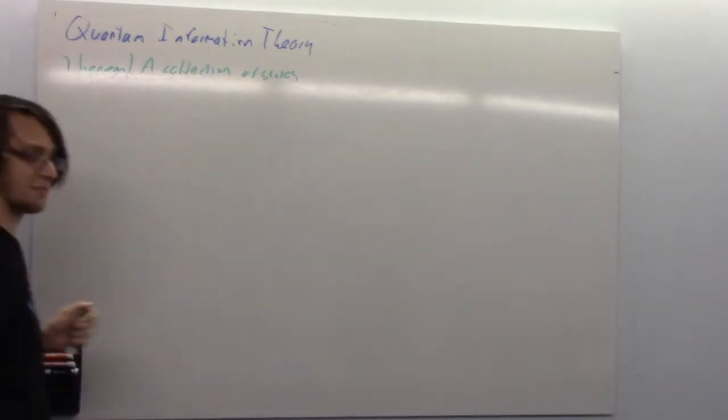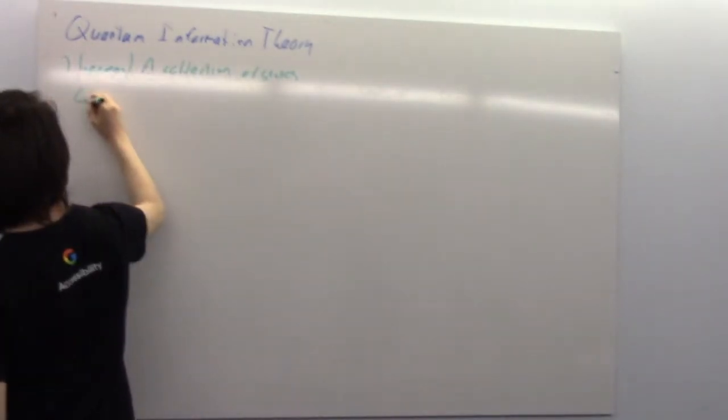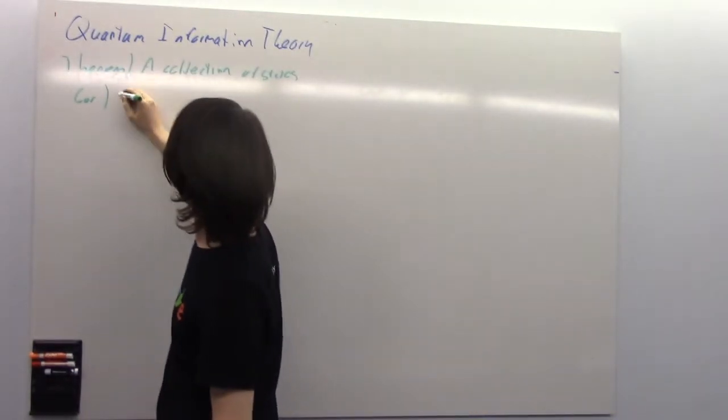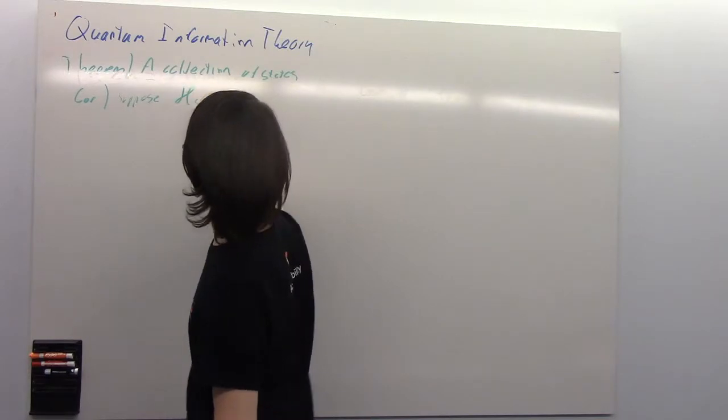So you have this theorem. What's a corollary? Suppose you have a state space Hs.